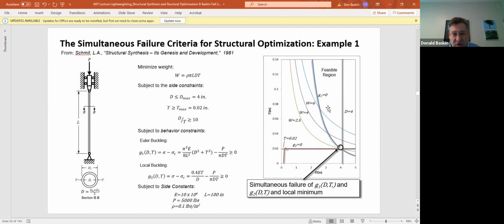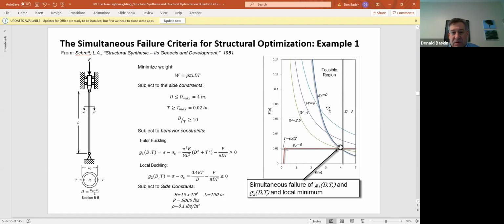The length of the tube is L, the outer diameter is D2, the inner diameter is D1, the thickness of the wall is T. Okay? This thing is under some compressive load, and because it is narrow, it has this high aspect ratio of diameter to length, it's subject to a buckling failure mode, okay?